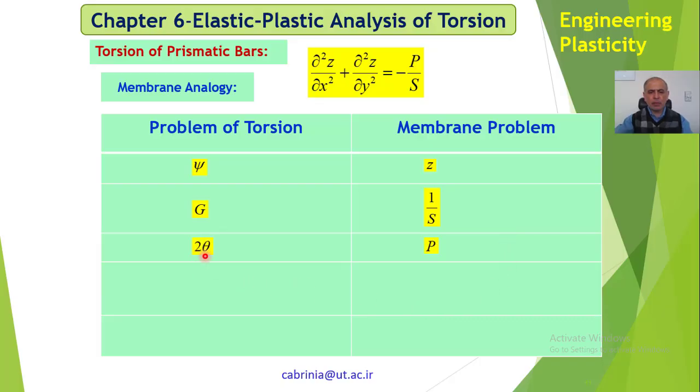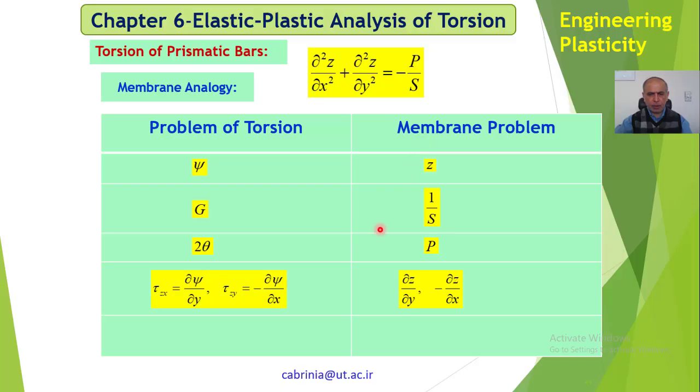And in the torsional problem, we had 2 theta. Remember, this equation was partial 2 psi here, and here was 2 theta G. So in here, instead of 2 theta, we have P, pressure.